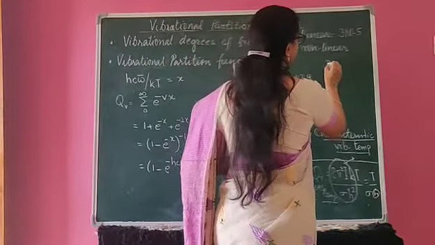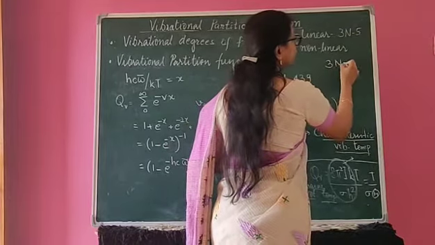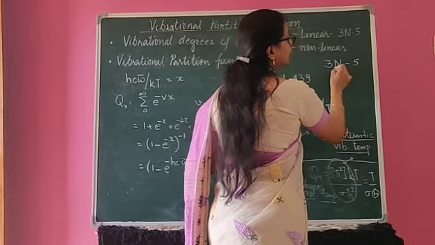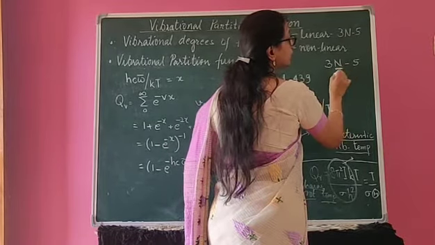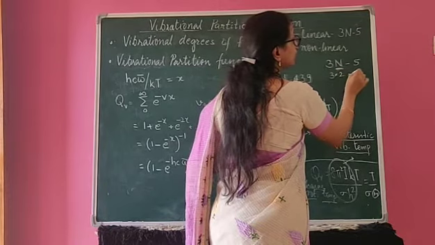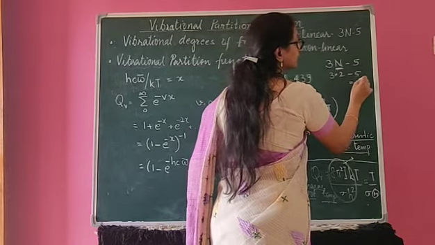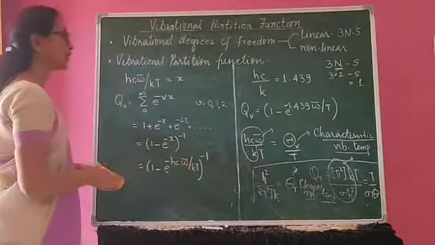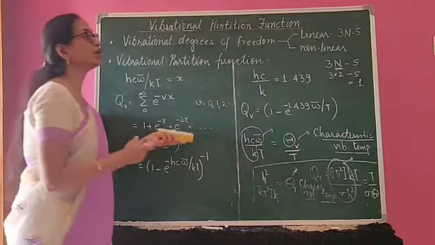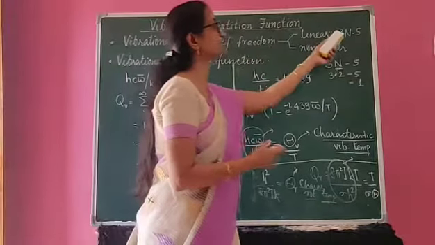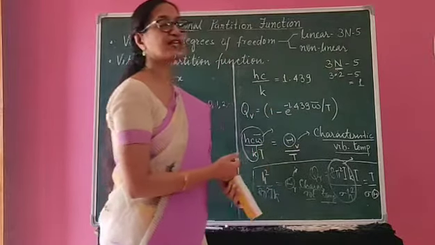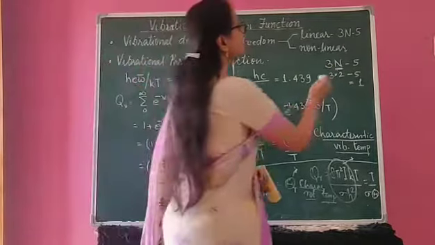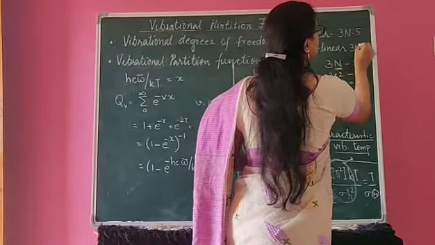Now this is for a diatomic molecule taken as a simple harmonic oscillator, where there is only how many vibrational modes? For linear, this is the equation: for a diatomic molecule, n is equal to 2, that means 3 into 2 minus 5, that is 6 minus 5, which is 1. Now for a polyatomic molecule, according to the degrees of freedom, for linear it is 3n minus 5 and for non-linear it is 3n minus 6.